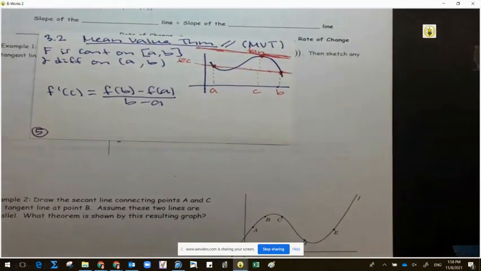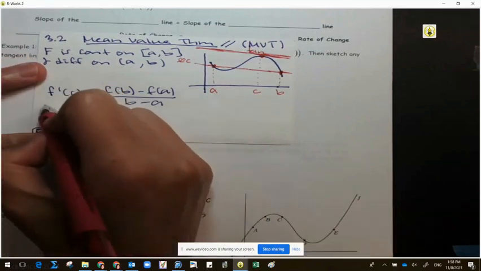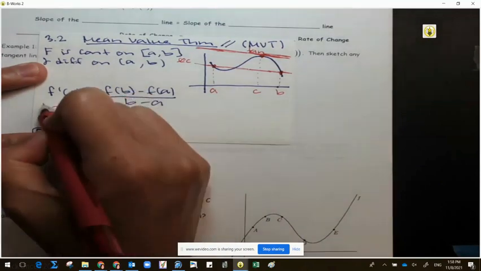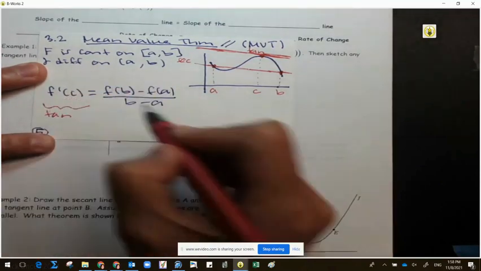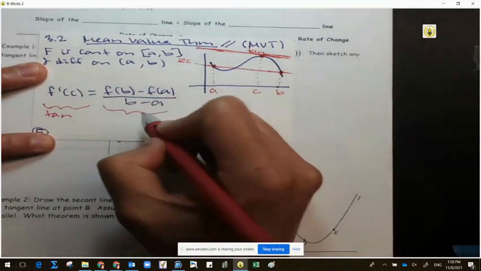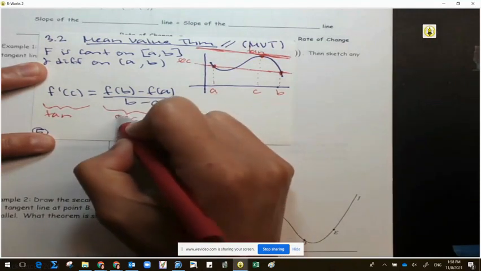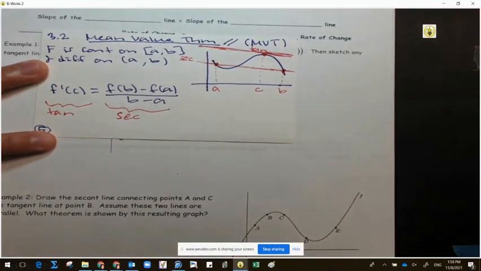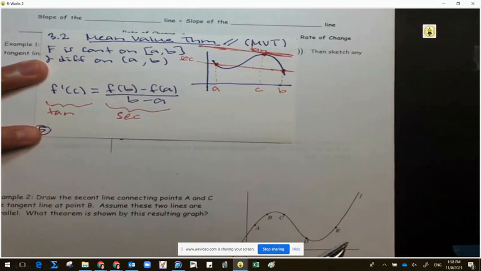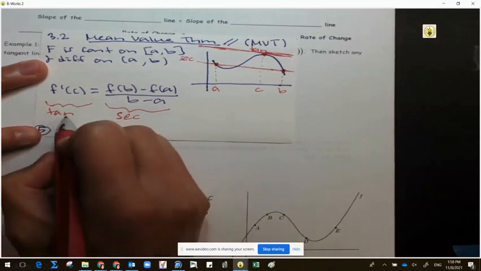Isn't that basically our slope formula, even back in Algebra 1? Yeah? All right. So we know the first part here is our tangent line. The second part here is called a secant line. The secant line consists of 2 points. And a phrase that you're going to hear me use pretty often is the following.